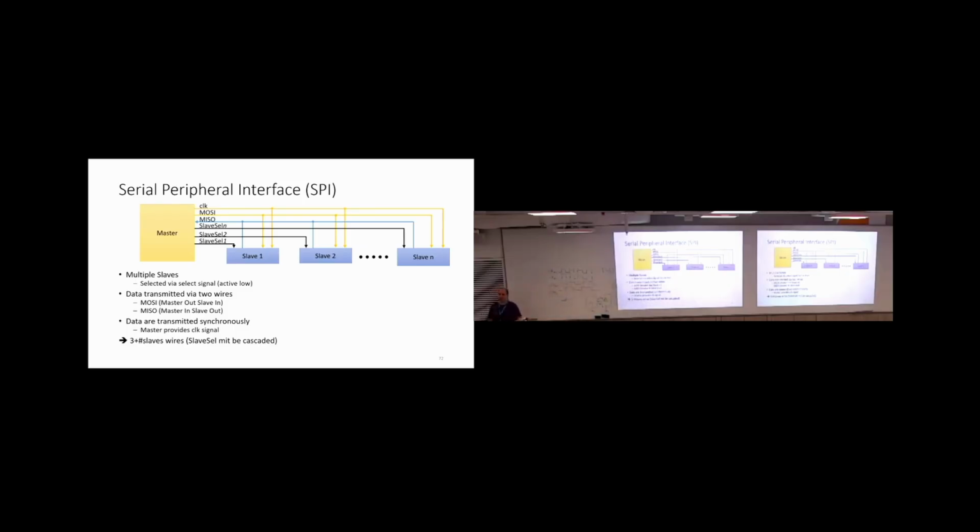So if one of the requirements in your system specification is that you should have only few wires, then I2C is better than SPI. If your system should output as fast as possible, but we don't care about the wires, SPI is better. So I cannot say one is better than the other. It really depends on the use case.